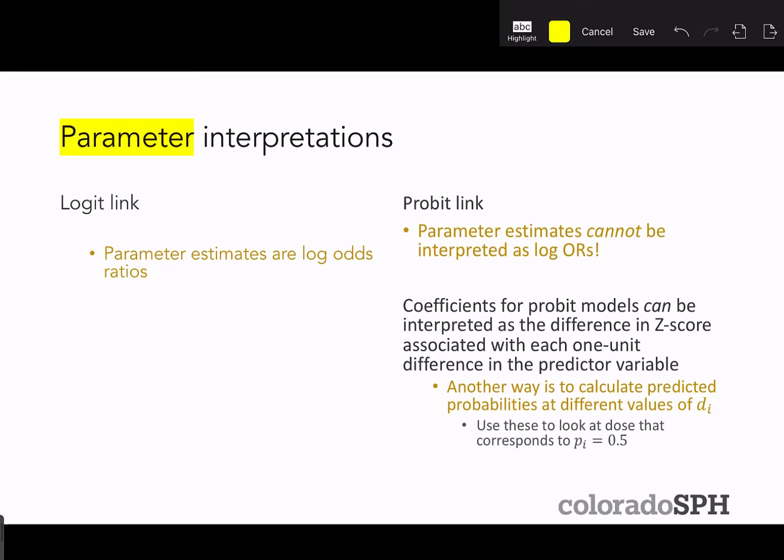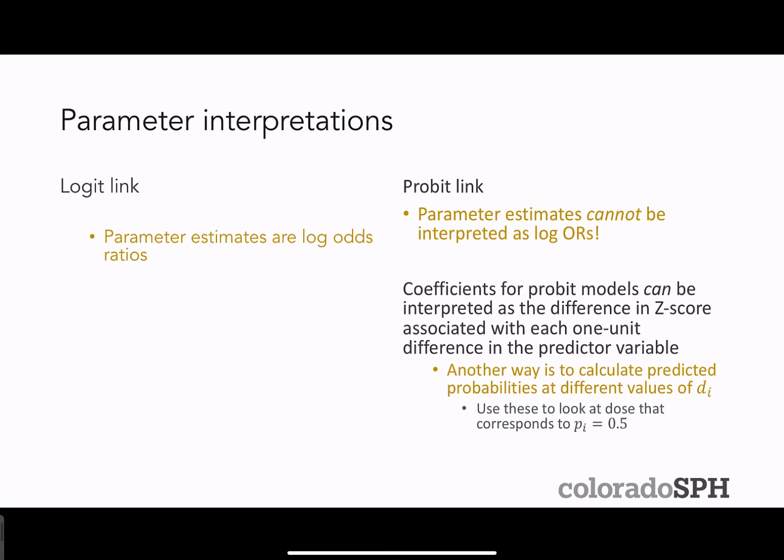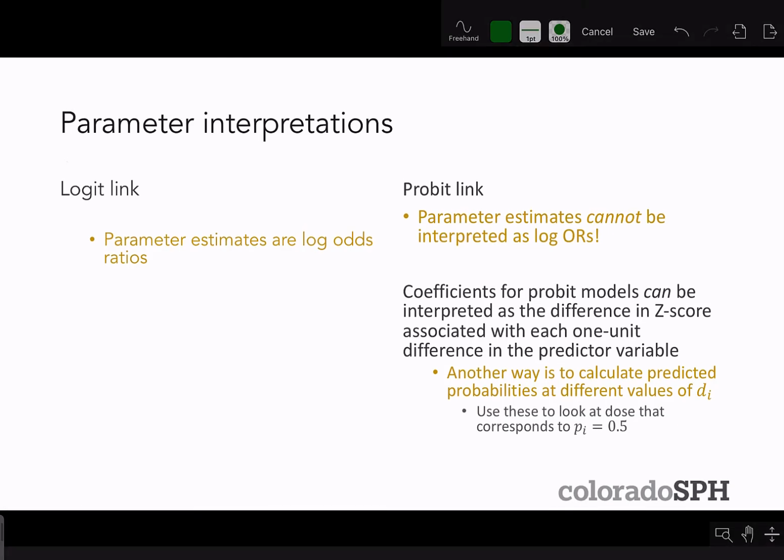As I alluded to a couple slides ago, the difference really is in how you interpret the parameters rather than anything different from that. With the Logit link we've talked about before, the parameter estimates are log odds ratios, which you might think is hard to interpret, but the Probit link really is a lot harder.